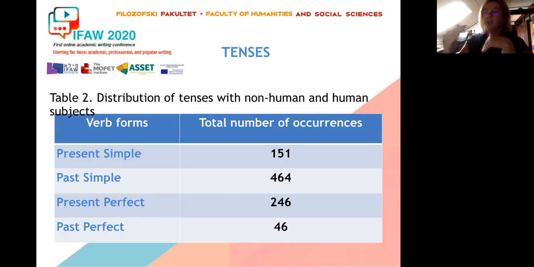Present simple is also combined with present perfect in the distribution of previous research, and past perfect is the least frequent. So in view of the role that tenses play in forming the grammatical context, it has been established that morphosyntactic structure contributes greatly to the rhetorical function, and the reliability, so the hedging degree of an argument is also highly dependent on the morphosyntactic structure, in this case of the verb form.